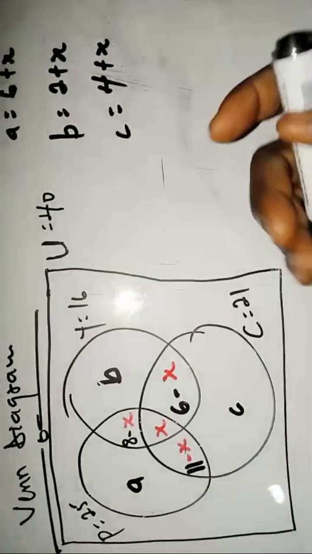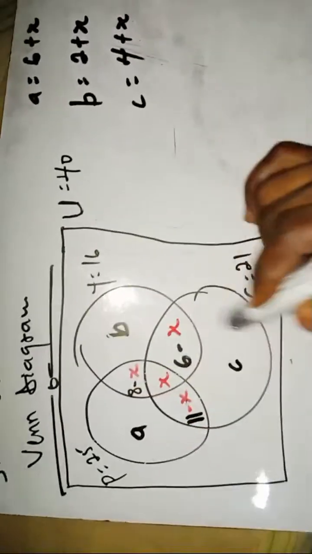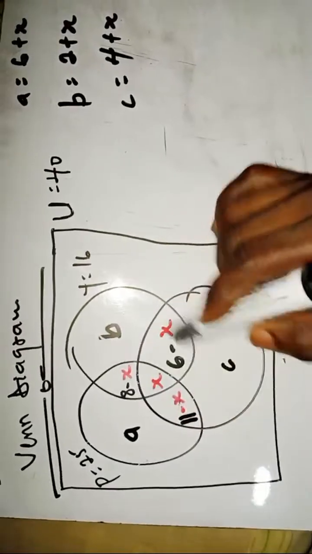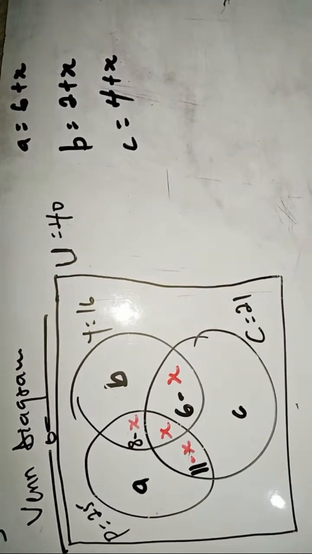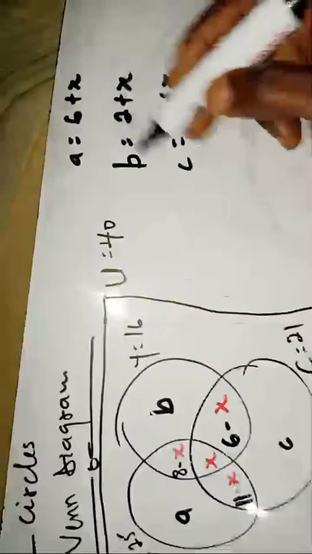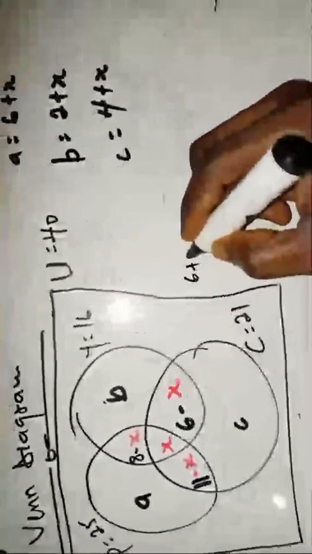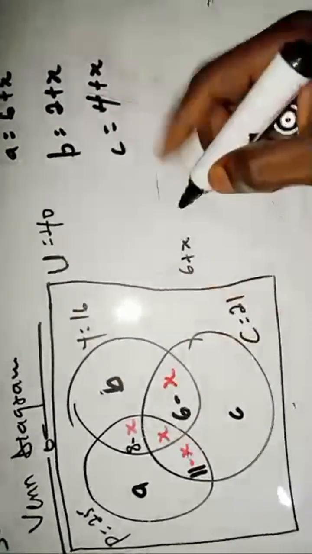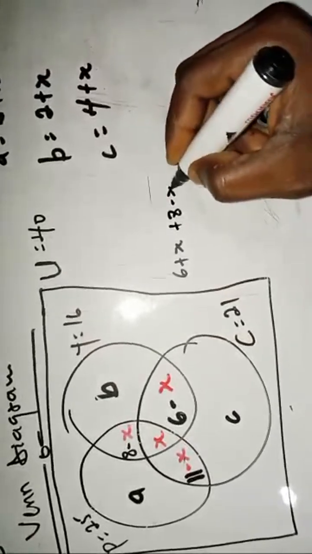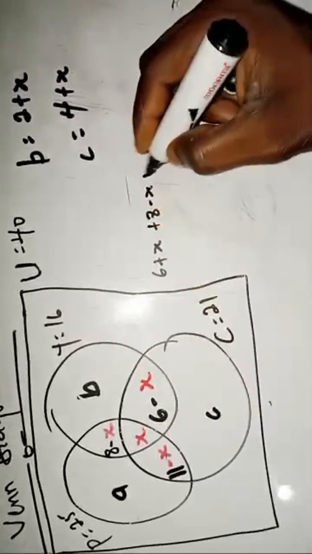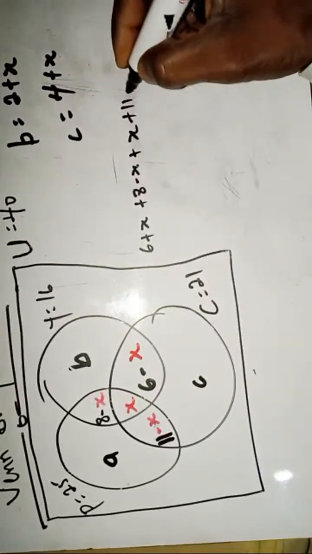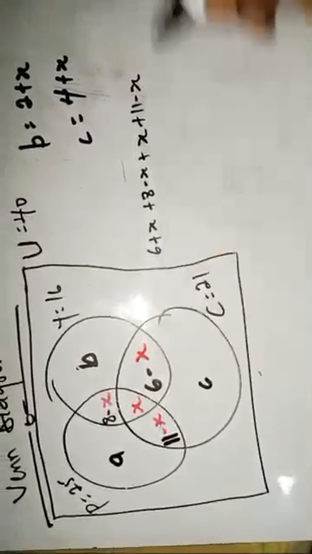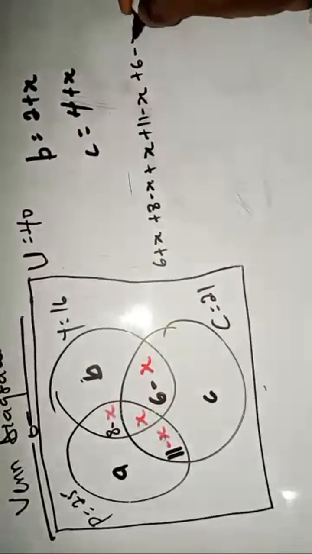Okay, now perfect. So with that we have the power to combine everything. We are just going to add everything together, every room here, and then equate that to 40, right? So let's start from the a. What is the value of the a here? 6 plus x, and then let's come here, that is plus 8 minus x, and then plus x, plus 11 minus x, plus 6 minus x.